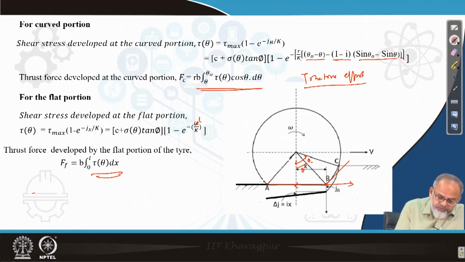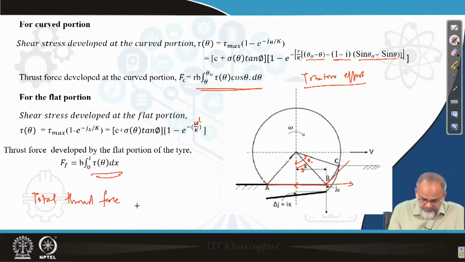So, now the total thrust force will be the sum of the thrust force which is developed on the curved portion and the thrust force which is developed at the flat portion. So, this is the final expression.